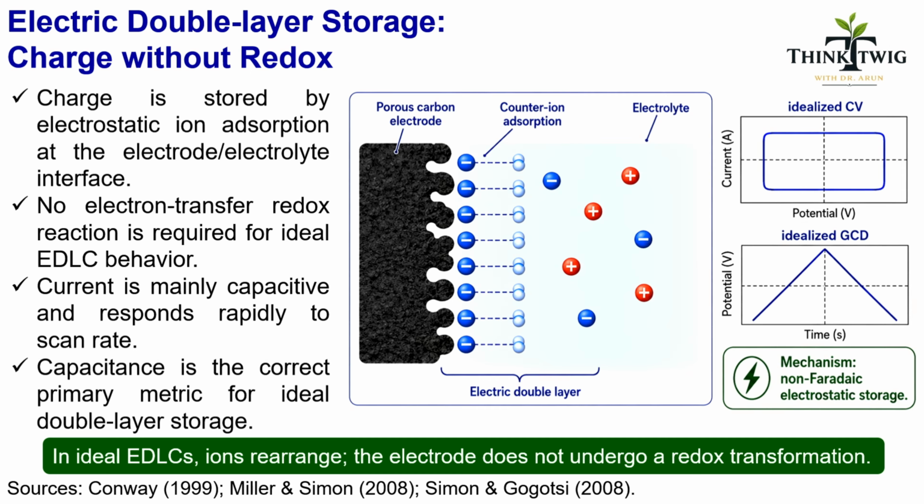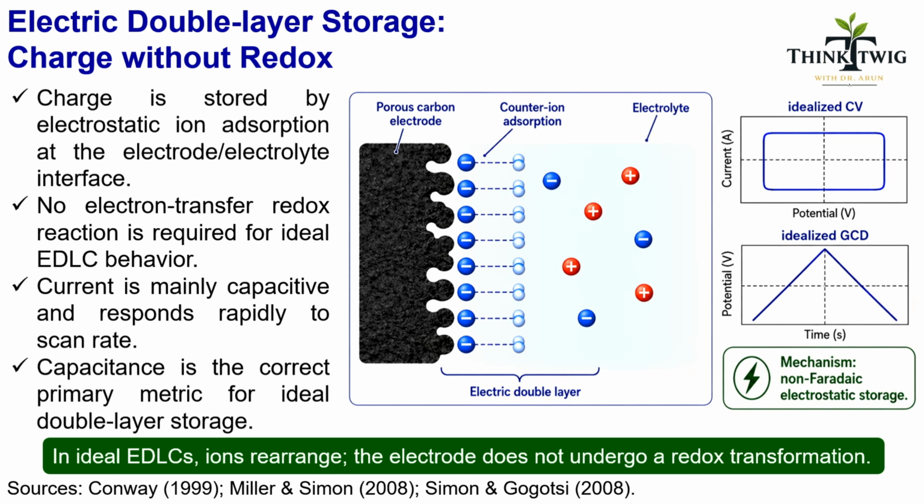Its electrochemical response can be very rapid because we are not asking ions to perform a slow bulk transformation inside the active material. And for an ideal double layer system, capacitance is the appropriate primary quantity for describing charge storage behavior. This now gives us our baseline. No redox reaction means EDLC.